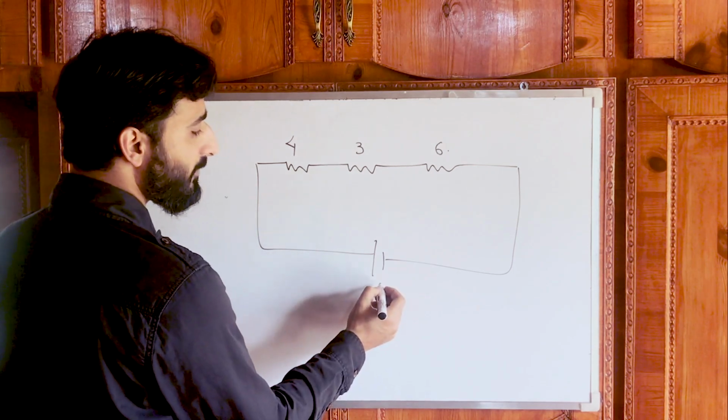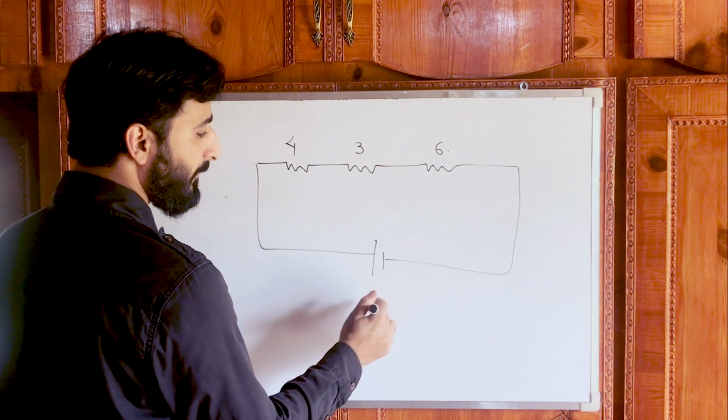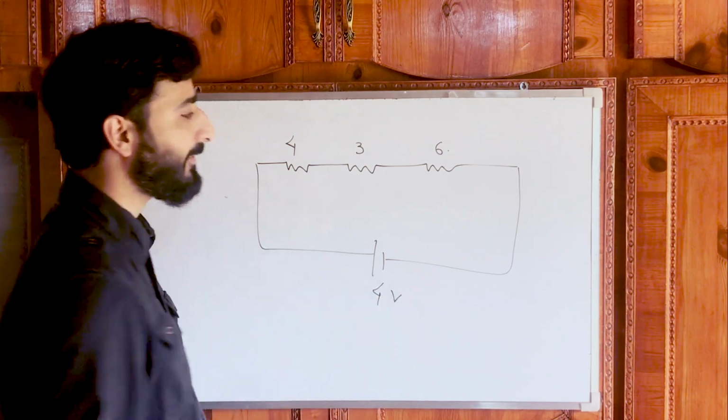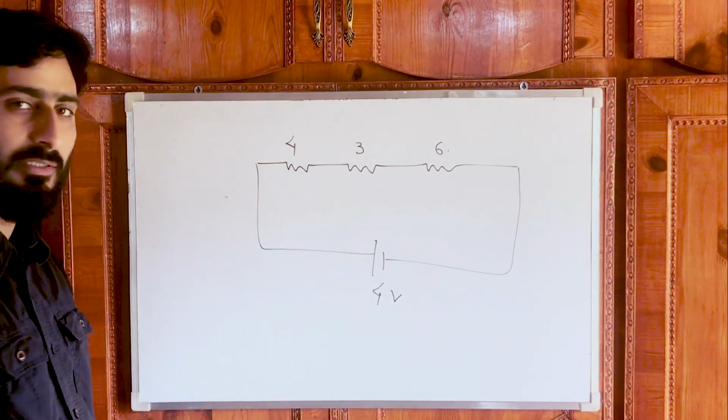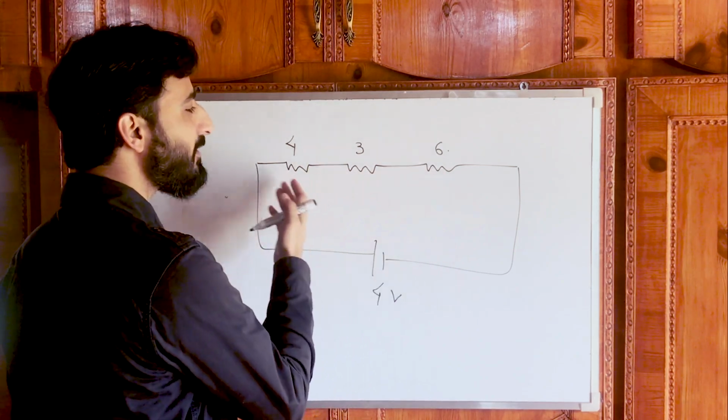And this is a 4 volt battery. If we want to find the current through different resistances, since they are in series, the current will be same.